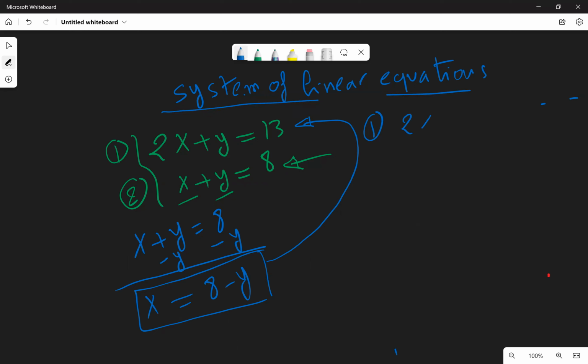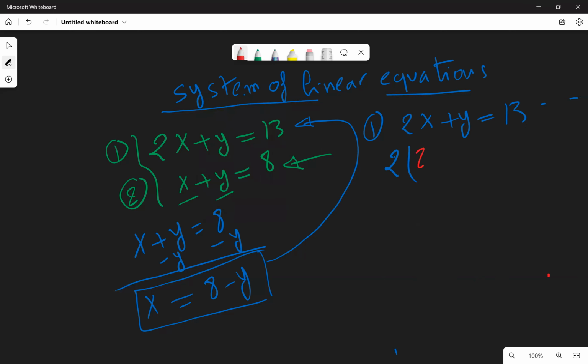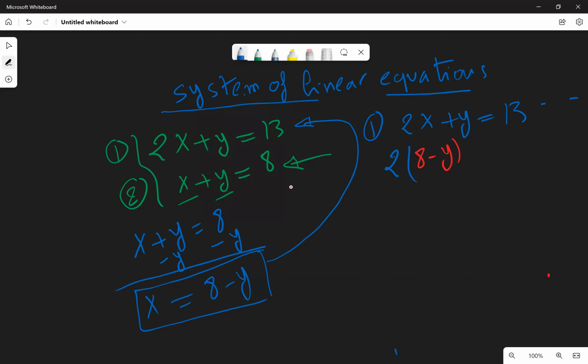So I get 2x plus y equals 13. Now I'm gonna substitute 8 minus y for x. So I get 2 times (8 minus y) plus y equals 13.